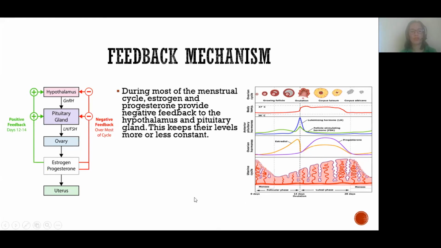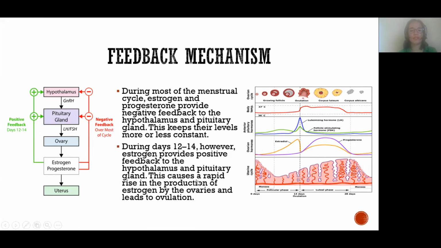So during most of the menstrual cycle, estrogen and progesterone provide negative feedback to the hypothalamus and pituitary gland. So this keeps their level constant. And then on days 12 to 14, that's ovulation.